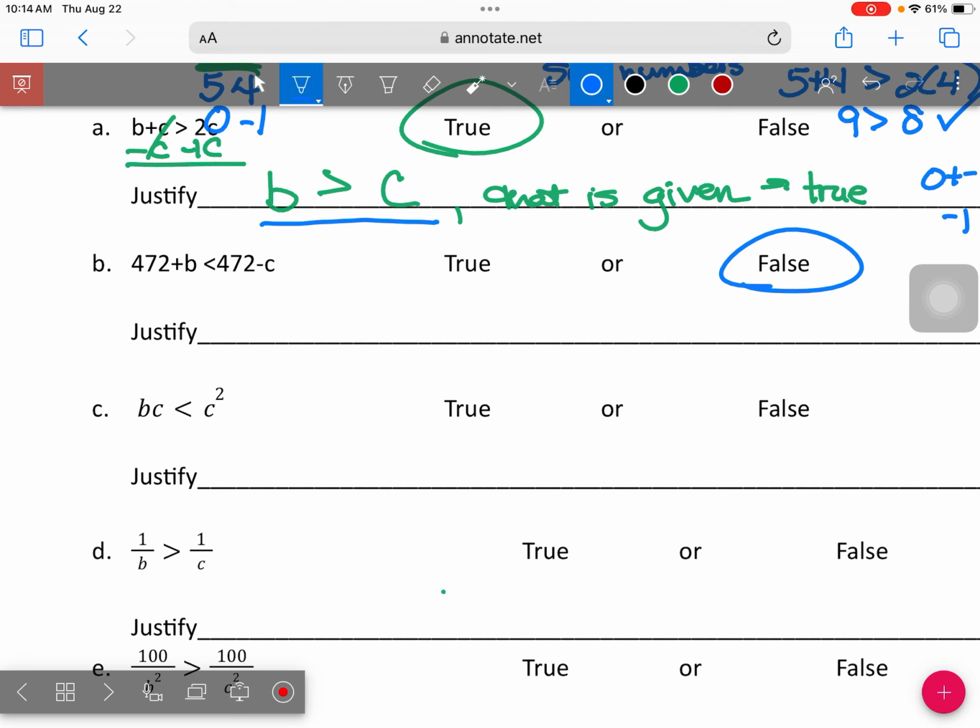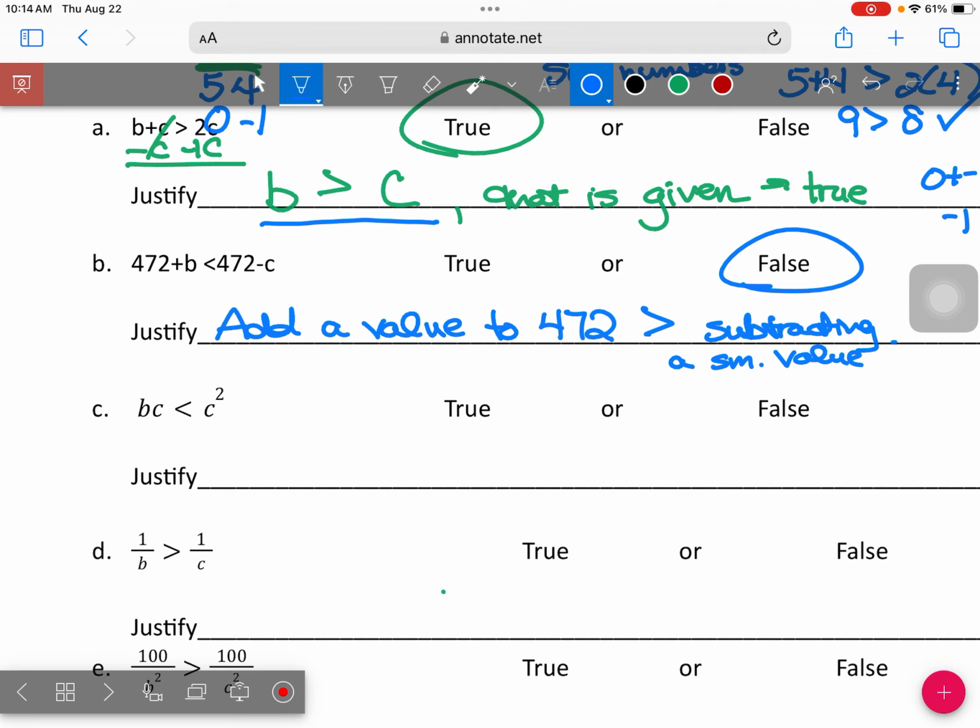If you subtract, well, wait, let's go back here. If you add, please stop talking, add a value to 472, that should be greater than subtracting a smaller value from 472.